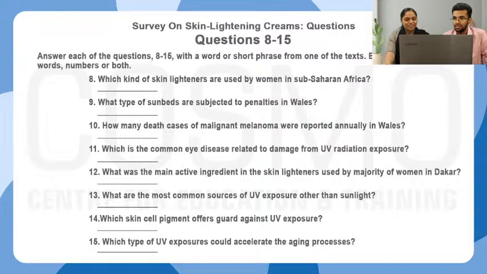So can you please tell me in which text you can find the answer to question number 10? The keywords in the question are death cases, malignant melanoma, reported annually, Wales.